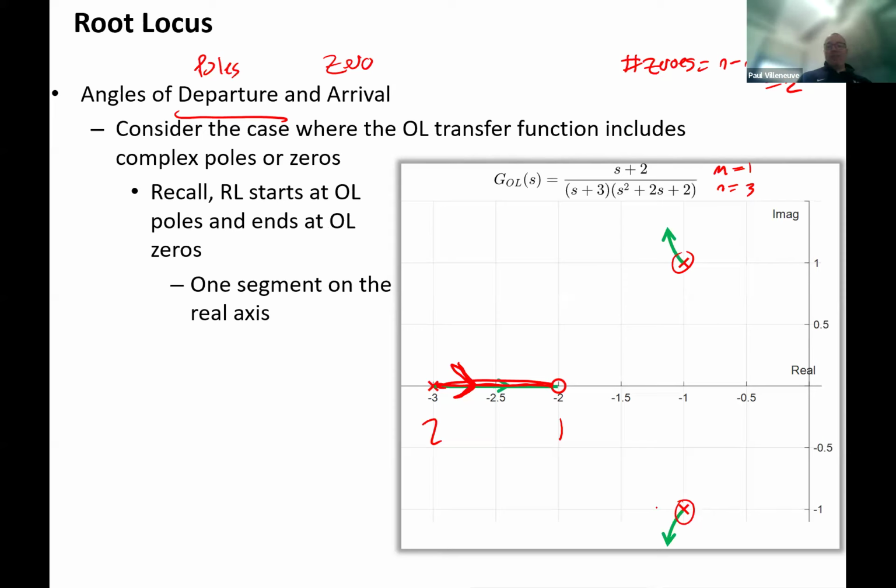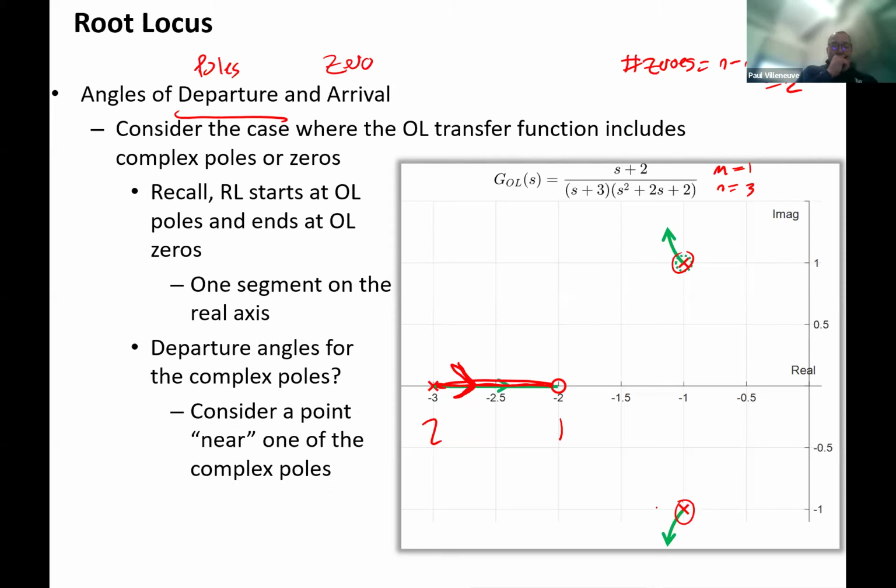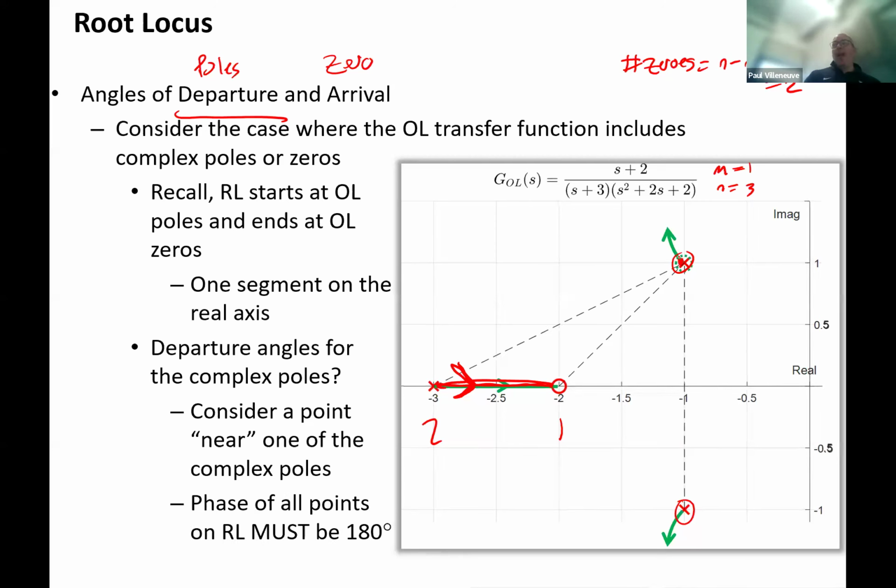We already have the one segment on the real axis. The departure is going to be determined by picking a point near one of the complex poles. How about basically right at the pole? And we know for it to be a valid root locus plot, 1 plus KGH has to equal 0.